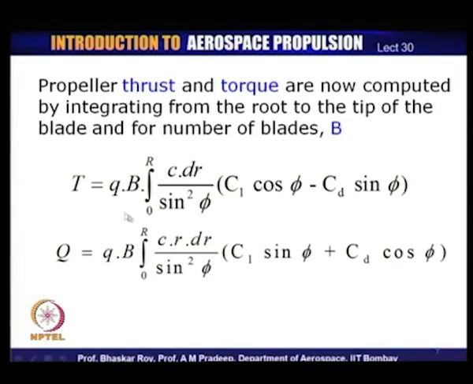And if you put them all together, you get the total thrust of the propeller and the total torque of the propeller that needs to be supplied by the engine. So, these two are to be very accurately estimated. Only when the total torque is properly supplied, we get the thrust that is required to fly the aircraft. So, this is the thrust you would require to fly the aircraft in a predetermined manner.